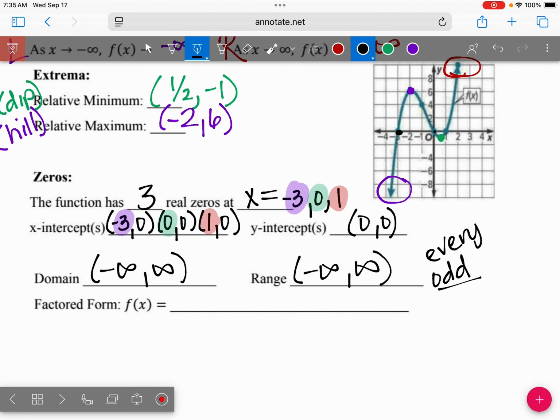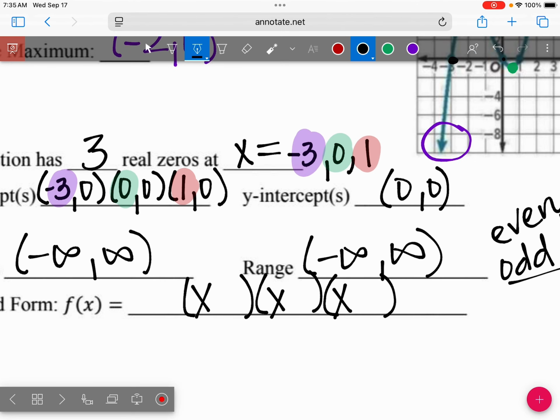All right, last thing we're going to do, because there are 3 zeros, I'm going to make 3 parentheses. Put an x in front of each one. For the first one, it crosses at -3, so I'm going to put a +3. The next one crosses at 0. 0 doesn't have a sign, so I'm going to leave this one empty.